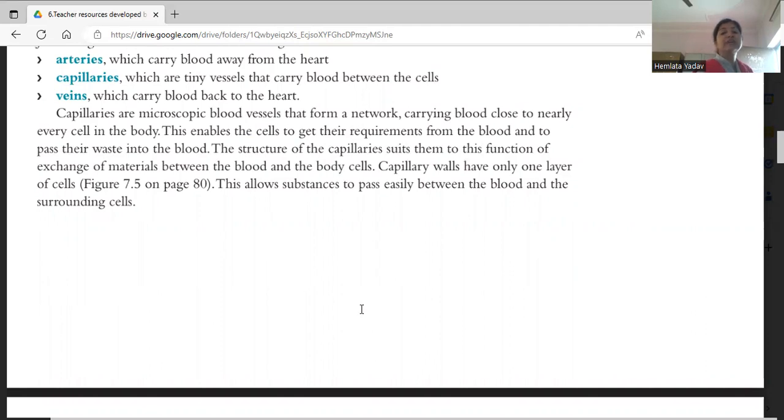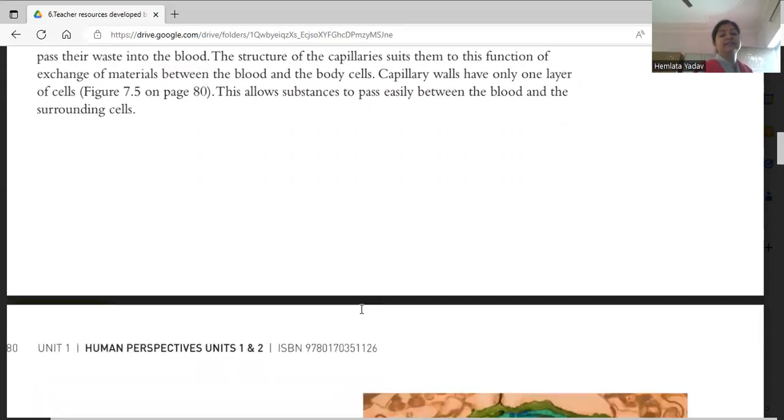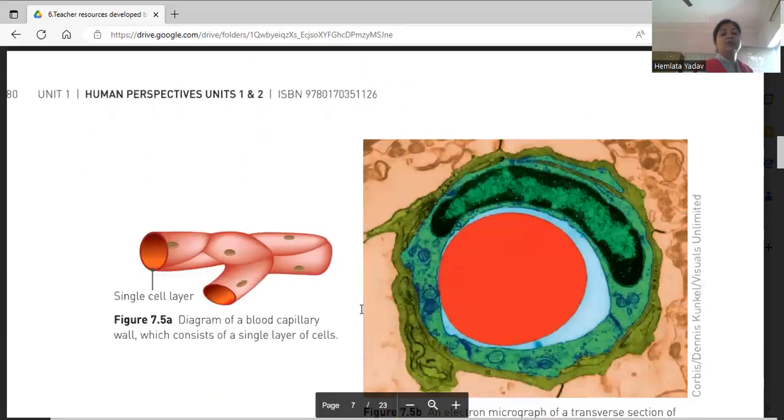The structure of the capillaries suits them to this function of exchange of material between the blood and the body cells. The capillary walls have only one layer of cells. This allows substances to pass easily between the blood and the surrounding tissues. Now, a diagram of the blood capillary wall, which consists of a single layer of cells.